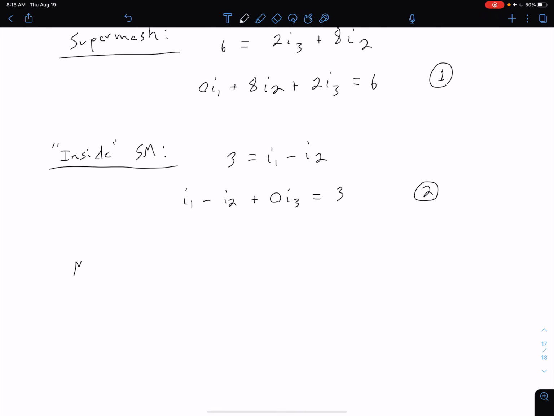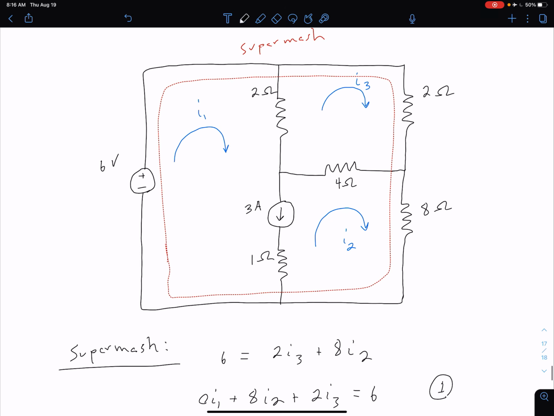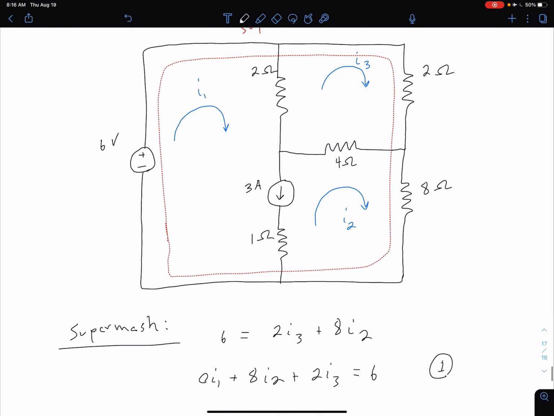So coming down here, let's say mesh 3. All right. And so again, you can start at any point, go in either direction. To be consistent with the notes, I'm going to start in the bottom left and go clockwise. And so we see first we're going to be going through that 2 ohm resistor.